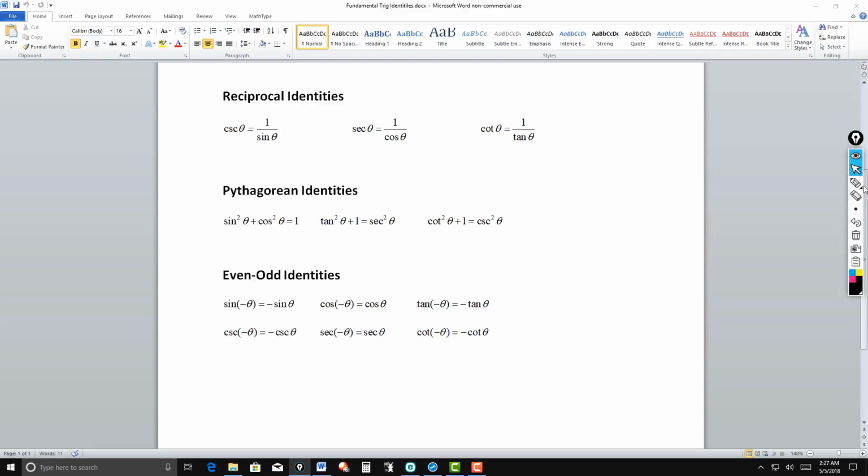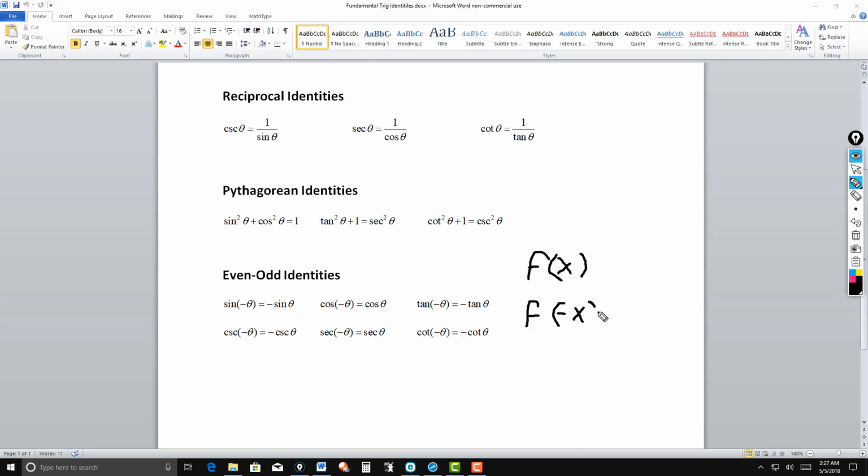Okay, so this is the same thing as we have with regular functions. So if I have a function f of x, and I evaluate this function at minus x, which is what this is. In this case, I'm using theta instead of x, but it's the same thing for functions. Regular functions usually use x.